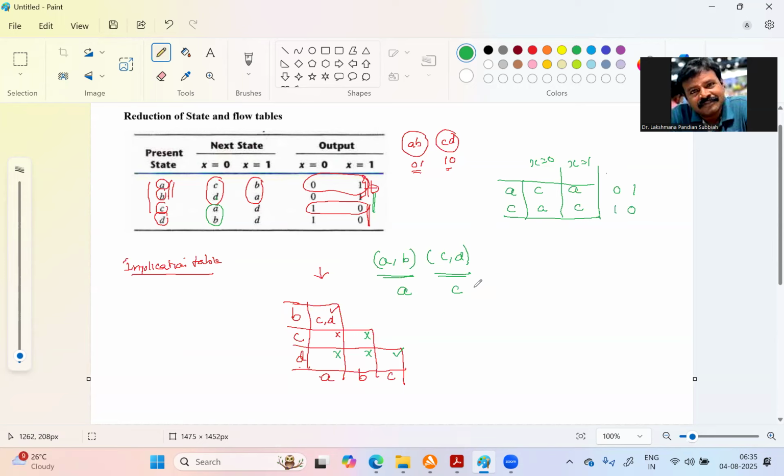So we have x equal to 0, x equal to 1; this is the present state, this is the next state, and this is the output.